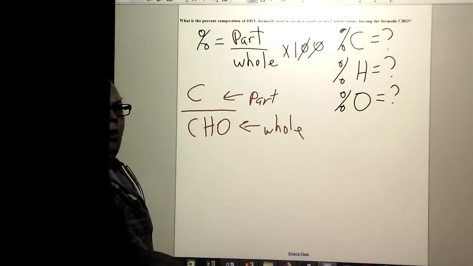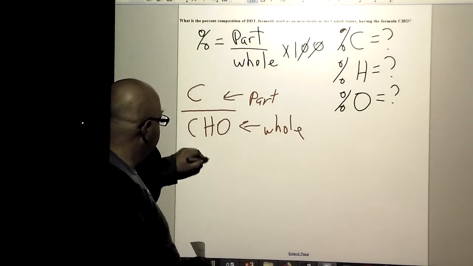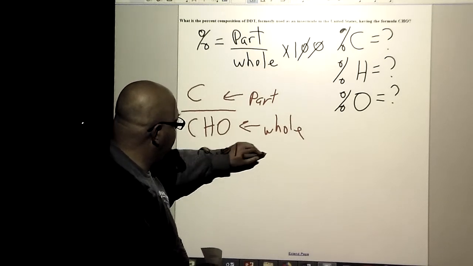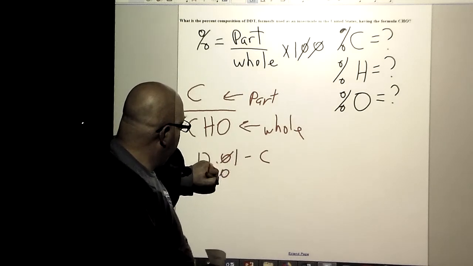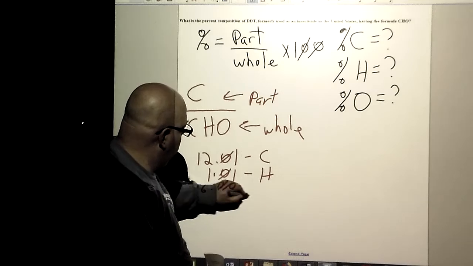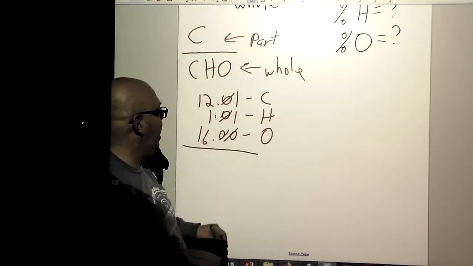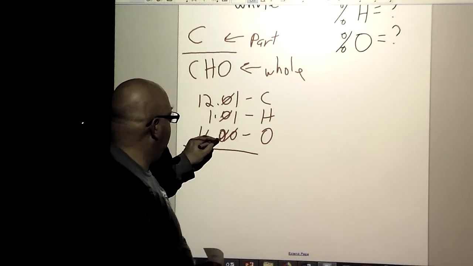Well, how do we know about the whole? Well, this is when we add those up. We know that carbon is 12.01, that's our carbon, 1.01 for our hydrogen, 16.00 for our oxygen. So we got those. Let's go and add them up. This is a 0, not a 9.